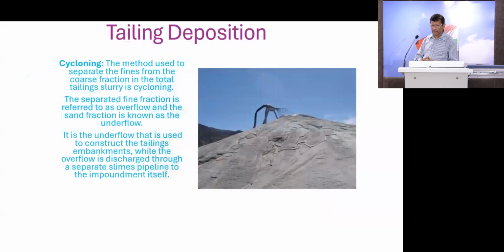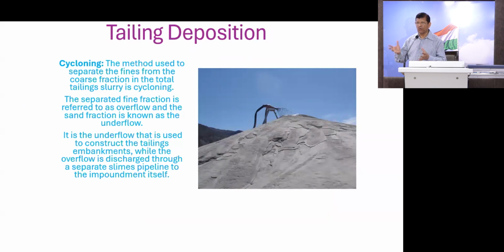But the future, what I was telling you, right now this method is becoming the norm, because this is called the cyclone, hydrocyclone. The cyclonic method was introduced around the 1990s. What it does is differentiate fines and coarse.